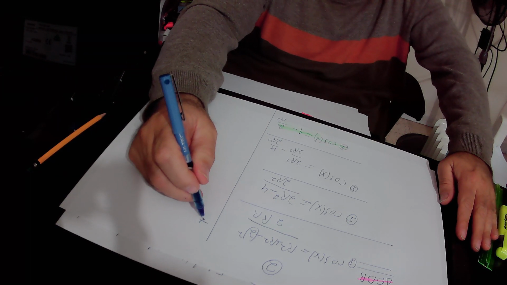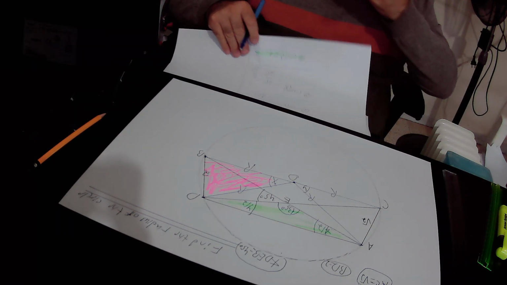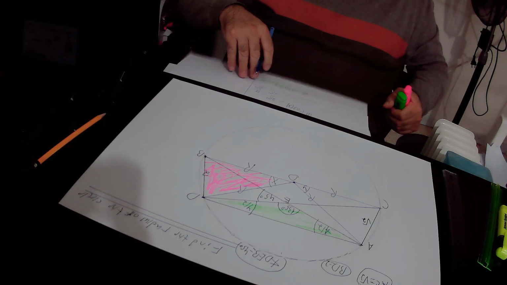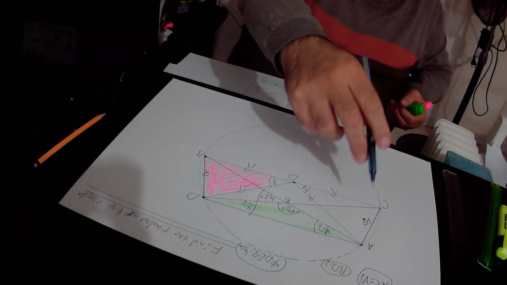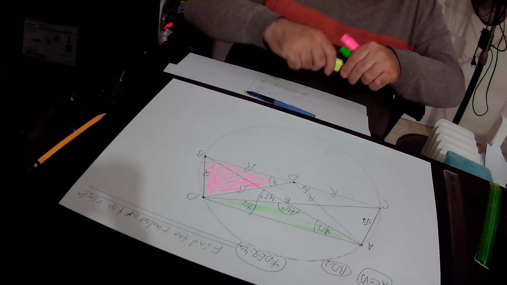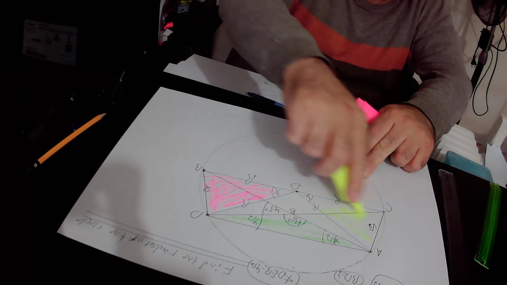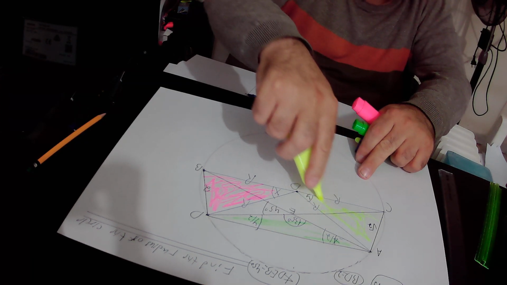In the next step, we create equation number 2 by implementing the law of cosines in triangle AOC. We will implement the law of cosines in this yellow triangle, triangle AOC.